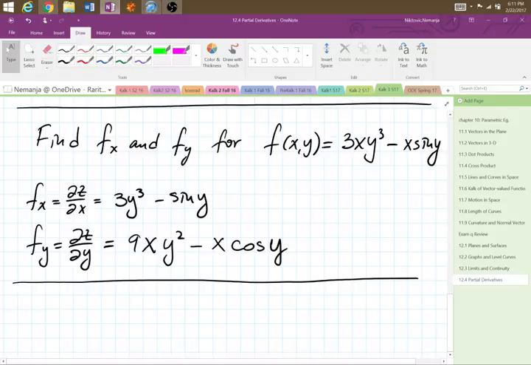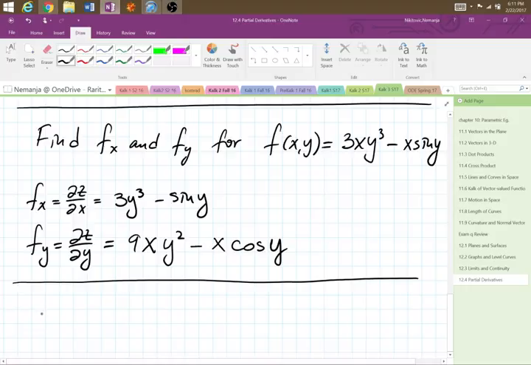What's the difference between this and this? Eventually, in good time, young Padawan. We'll get there very soon.